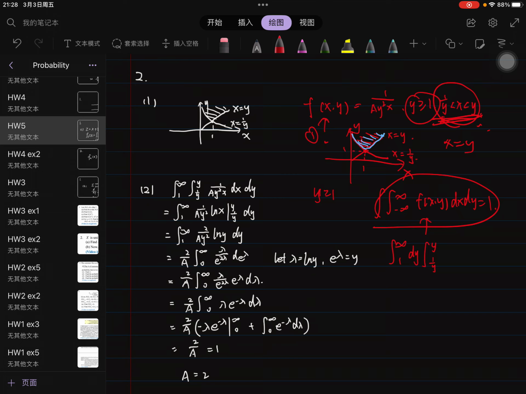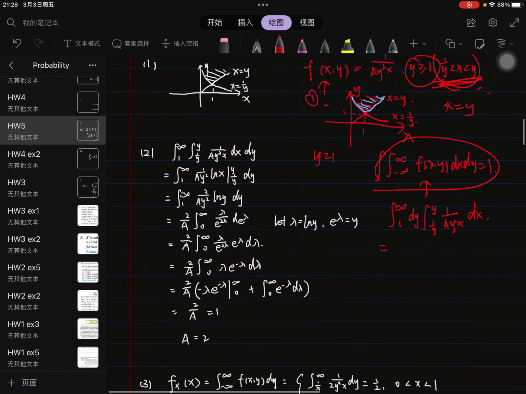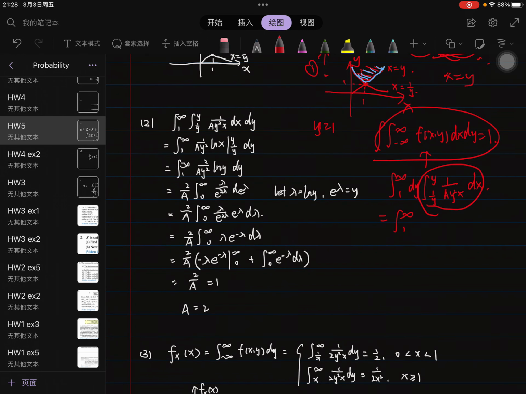The integrand is 1 over a times y to the power of 2 times x. So firstly, we are going to solve this part.